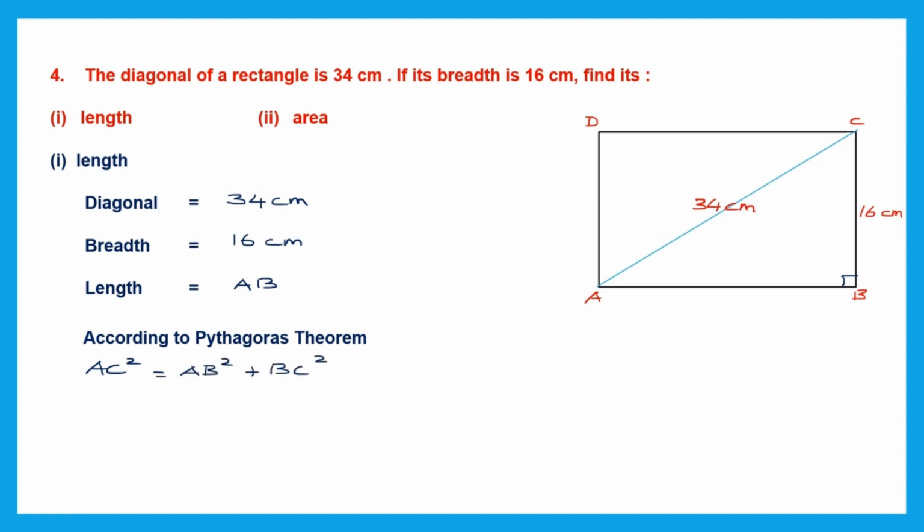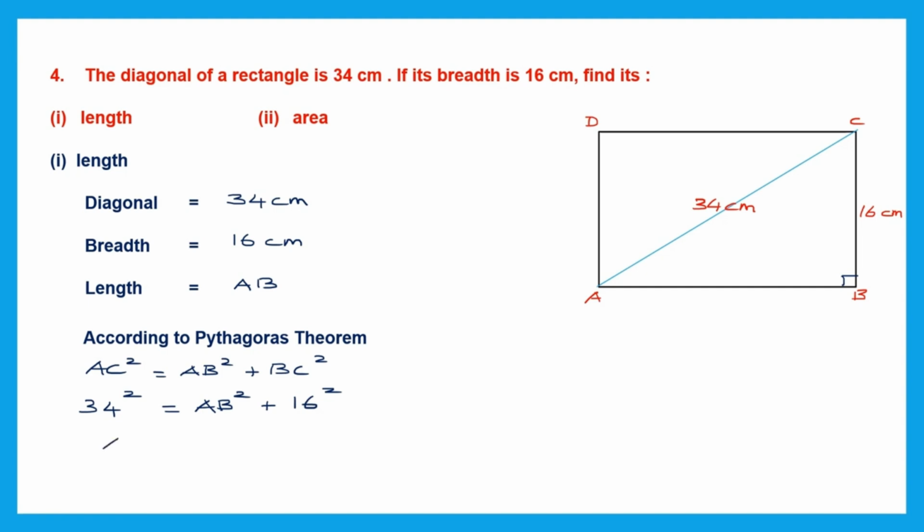Now let's substitute. AC is 34 centimeters, so that is 34 square. AB square is what we are going to find out. We don't know, so we'll write it as it is. Plus BC is 16 centimeters, so BC square is 16 square.